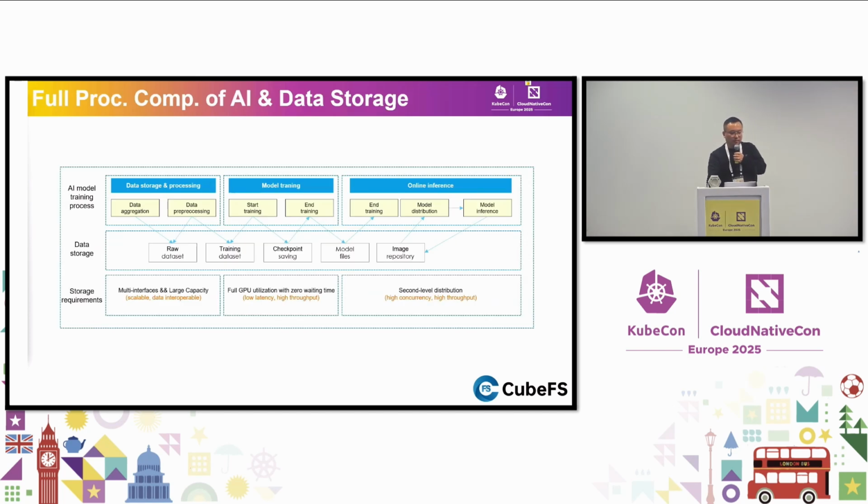Okay, next, let's walk through the main process of artificial intelligence and explain in detail its requirements for storage. Just as introduced before, artificial intelligence can be divided into 3 stages, including data processing, training, and inference.